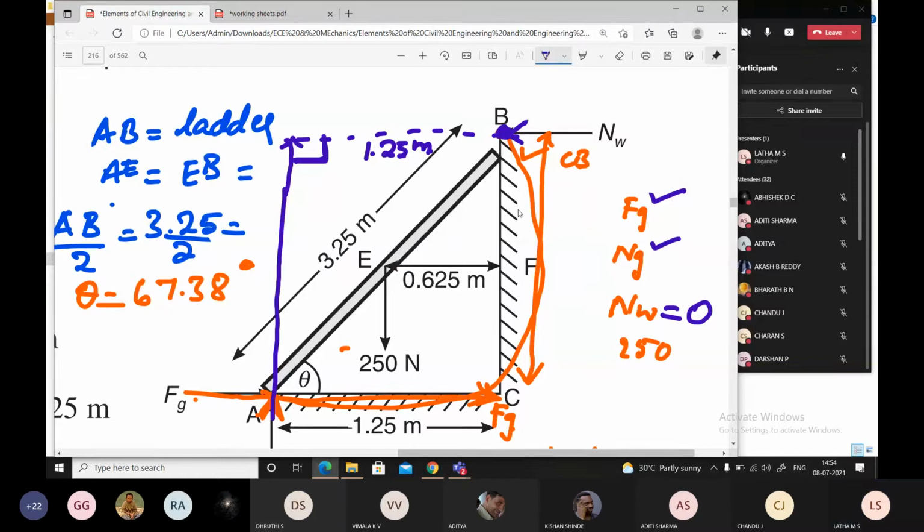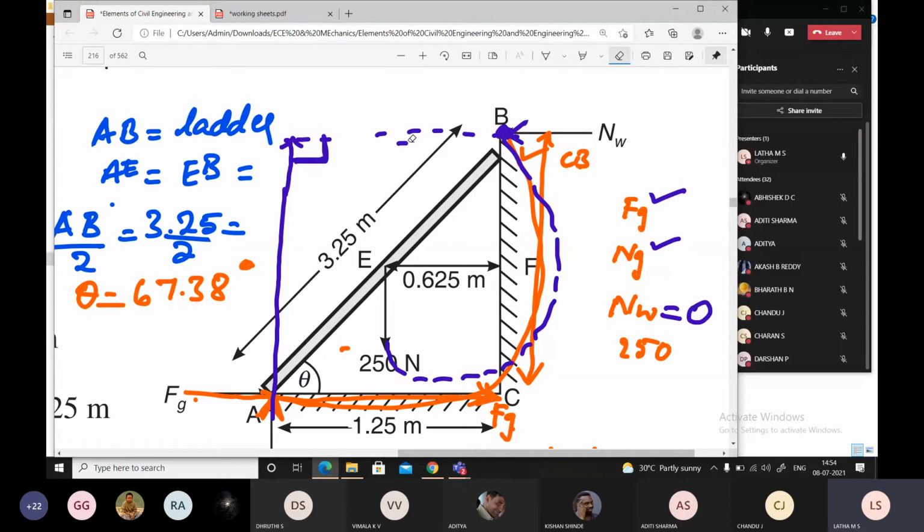Correct? Then now I'll pull this 250 about point B. How will it go, clockwise or anti-clockwise? It will go anti-clockwise.